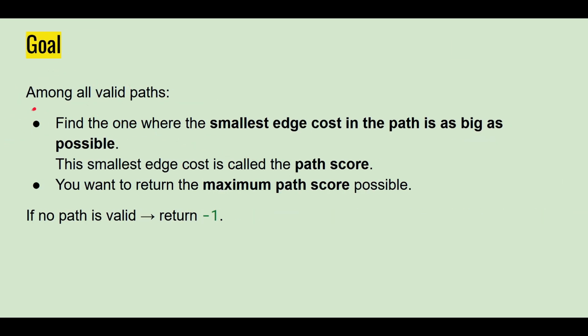Among all the valid paths in the given graph, we have to find the one where the smallest edge cost in the path is as big as possible, and this smallest edge cost is called the path score. We want to return the maximum path score possible. If no valid path exists, we return -1.